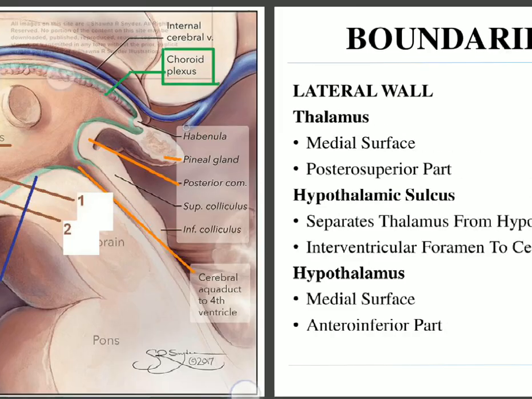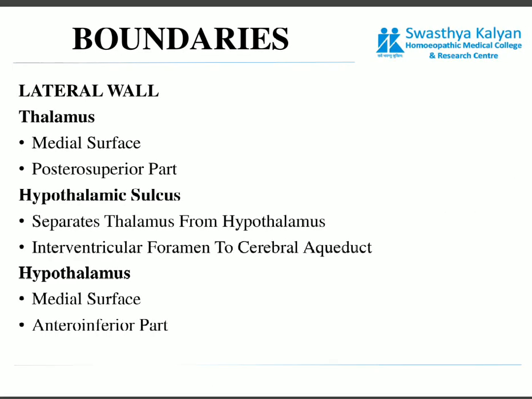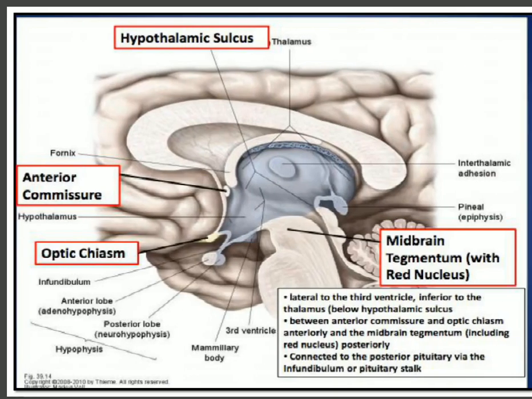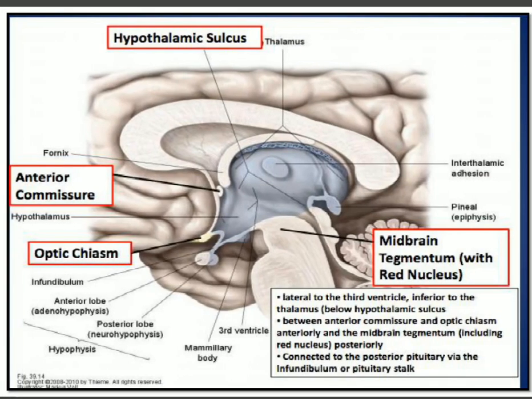After the boundaries, this figure also shows the different structures that participate in the formation of the various boundaries of the third ventricle.